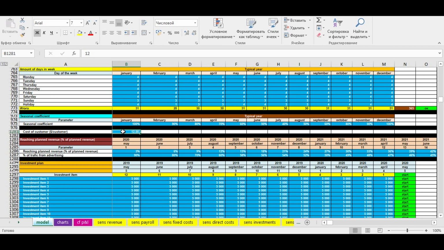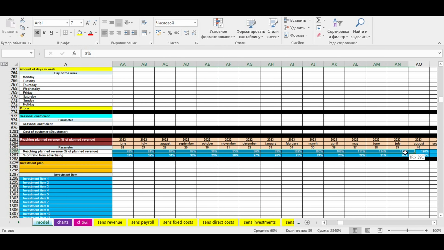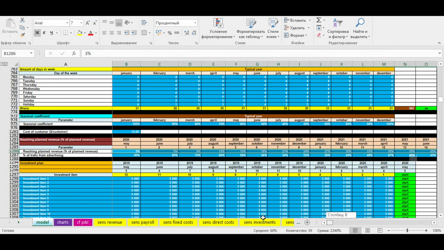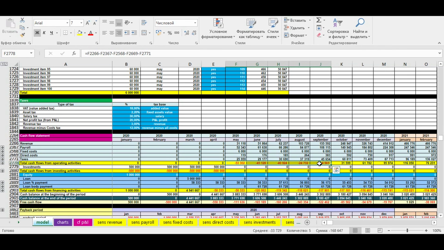When we start our dance classes, we won't be able to get maximum revenue right on the first month. So, we need to set up the pace of achieving our planned revenue. This is really a very important block of inputs because it affects the appearance of operational losses. These operational losses appear during a time period when expenses are higher than revenue.